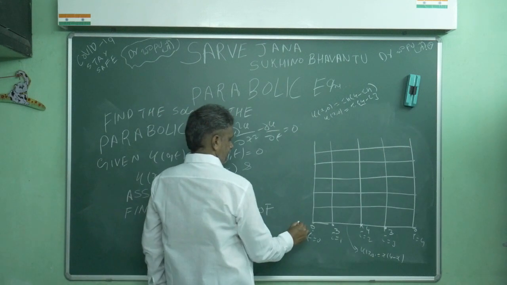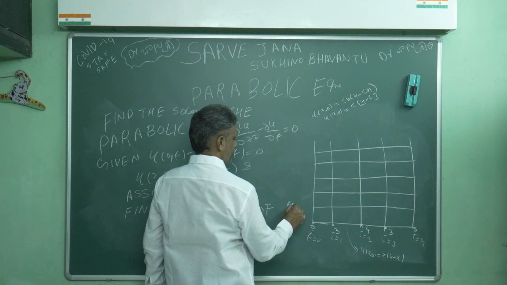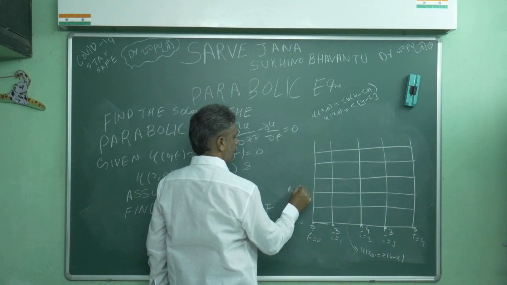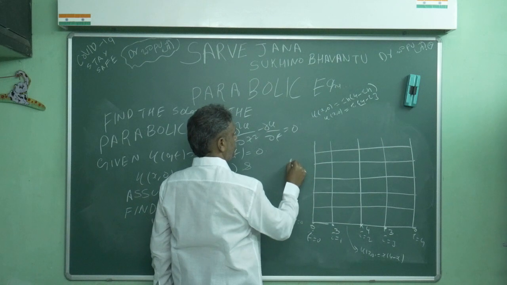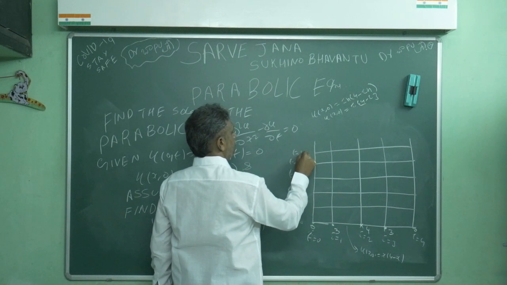These are the t step values: t is equal to 0, 1, 2, 3, 4, 5.